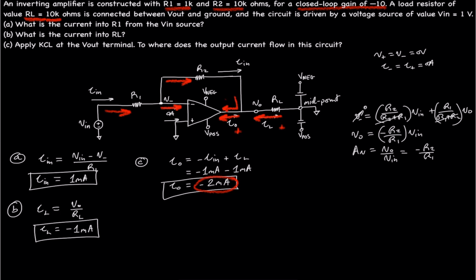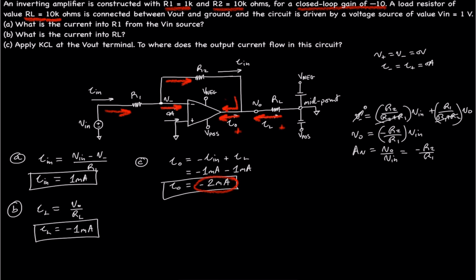Conversely, when Vin is negative and Vout is positive, current will flow from the op amp output terminal. Ultimately that current originates in V positive and flows through R1 and R2 into the Vin source.